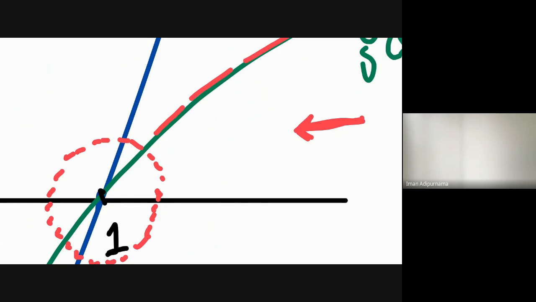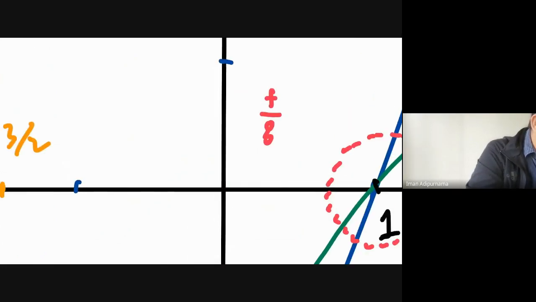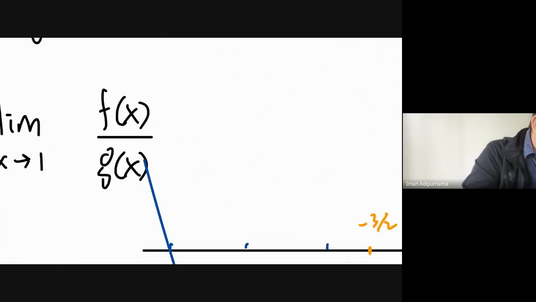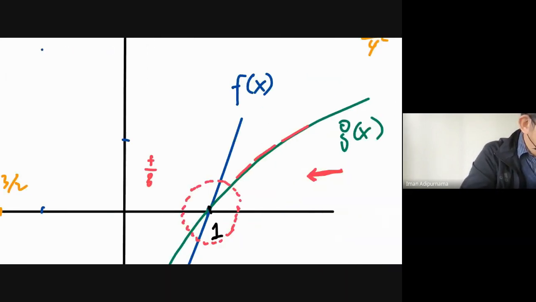And you look at this also, and eventually at this point here, if we use our ratio f over g, that is our question, the limit as x approaches 1 of f of x divided by g of x.